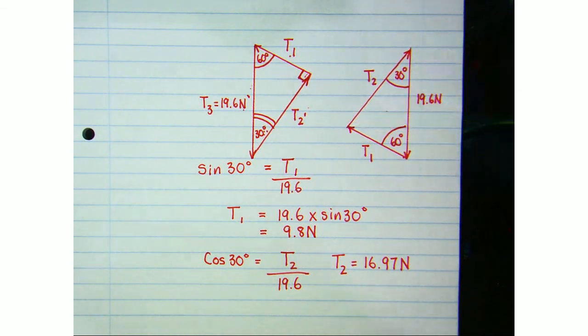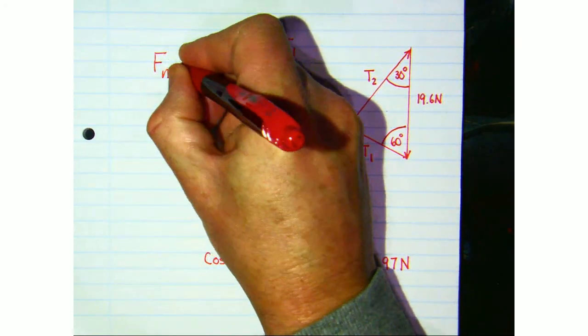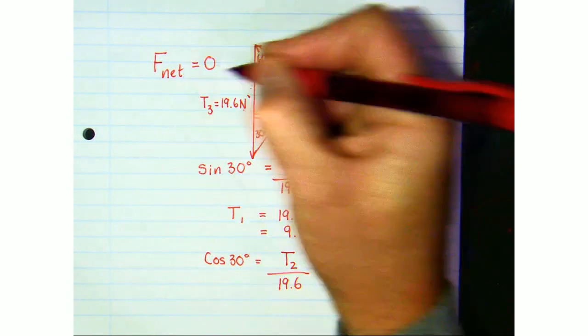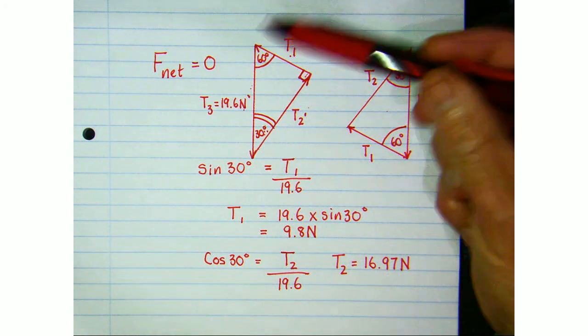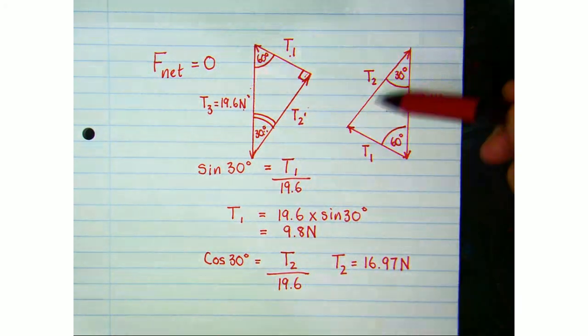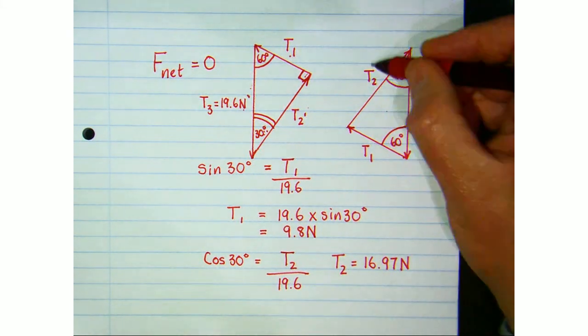We close the triangle because the net force is 0 on point X. If the net force wasn't 0, then that third force wouldn't end up closing the triangle, but it would end up somewhere else, and we'd have a resultant force.